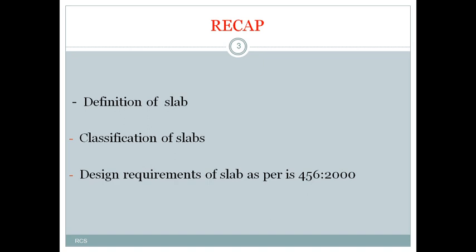One more requirement we discussed is the cover. The nominal cover should be provided at the sides of the slab, above the slab and below the slab. That means below the bottom reinforcement, above the top reinforcement, and at the sides as well. That is based on Table 16 of IS 456-2000.